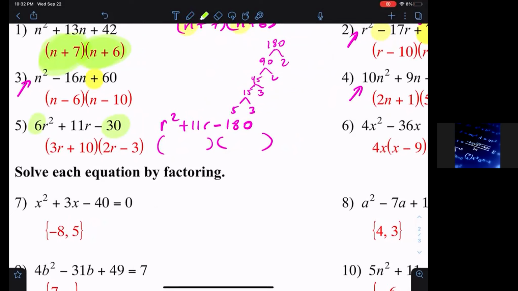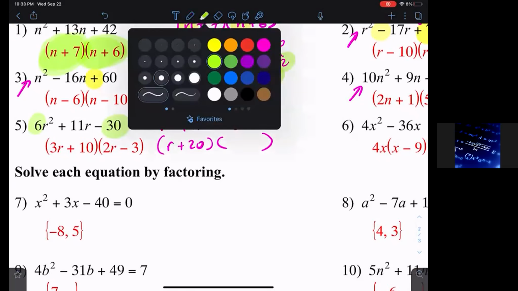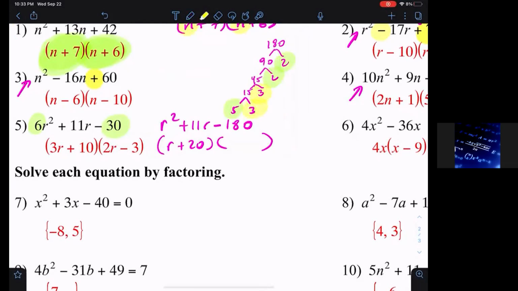So let's see. As you can see here, we have 20. 2 times 2 is 4, times 5 is 20. So that's going to be r plus 20. And then we have left over 9, right? So that works because 20 times 9 is 180.